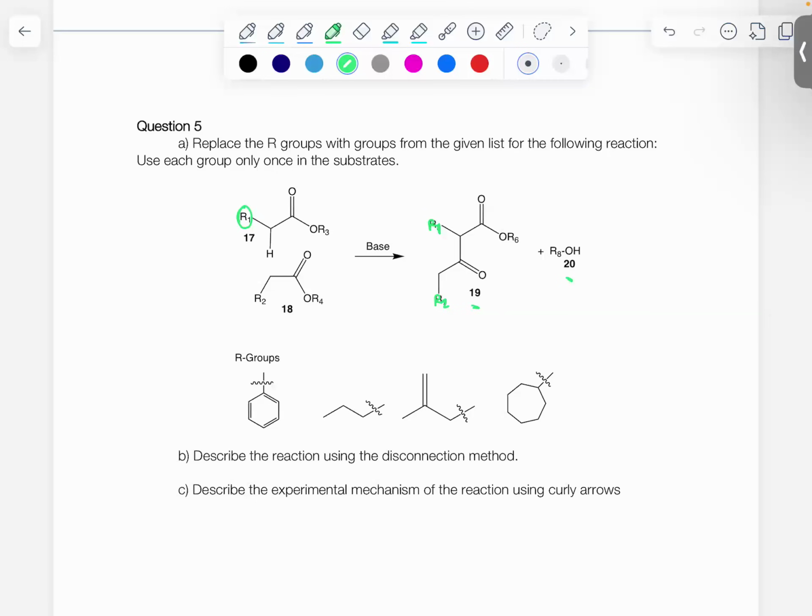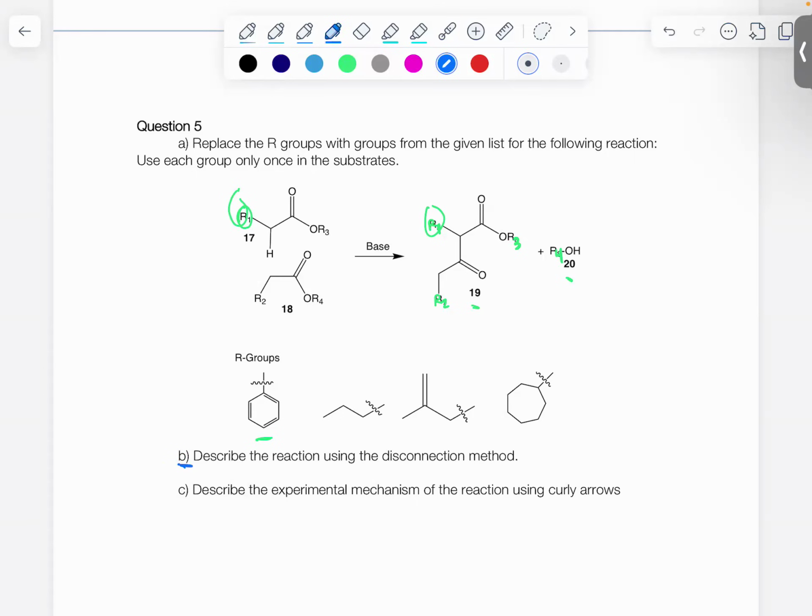We ultimately lose R4 as R8, and then R6 is R3. So whichever of these that you picked as R1, as long as you see that it is the same in both, you have gotten the answer correct.